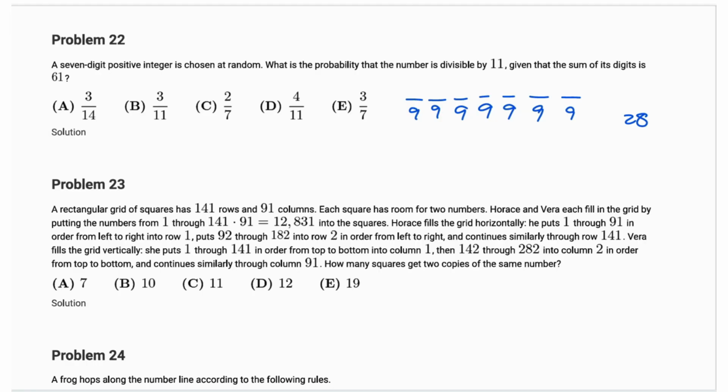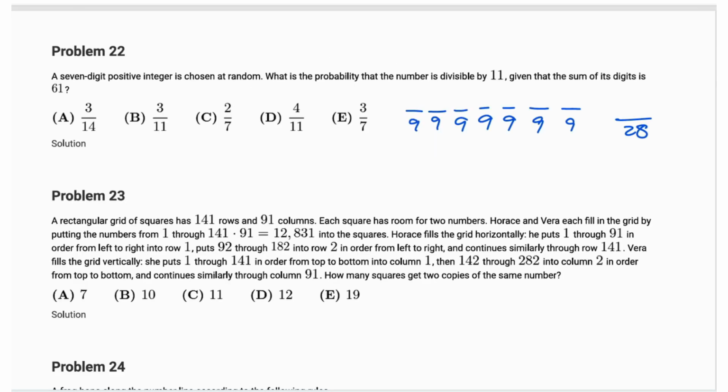And so the denominator would be 28. And on the numerator, we would want the number to be divisible by 11. And so essentially we see that divisibility rules for 11 are this plus this plus this plus this minus this minus this minus this.